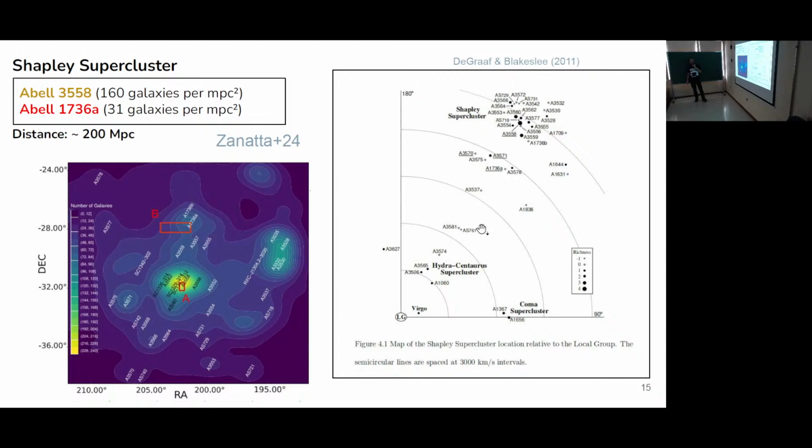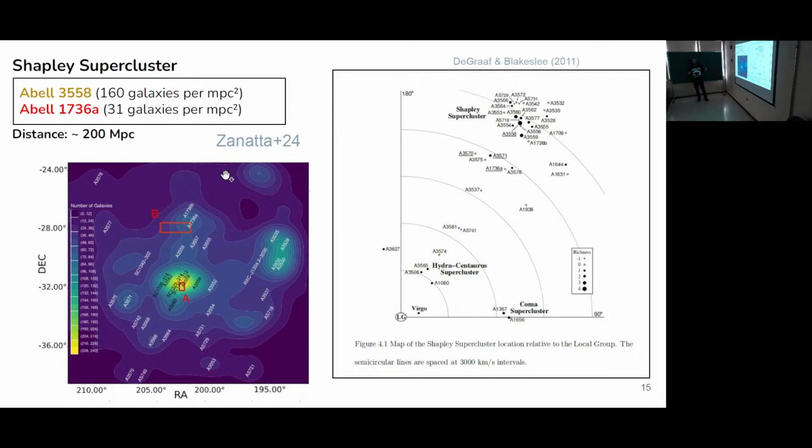But later, we found it very interesting to look into the Shapley Supercluster. First, because it is by far the largest concentration of mass in the nearby universe. It has no comparison among other clusters close to the Milky Way, just Coma or Hydra-Centaurus, and it is a perfect laboratory to study any kind of stellar and galaxy evolution under extreme environmental influence.